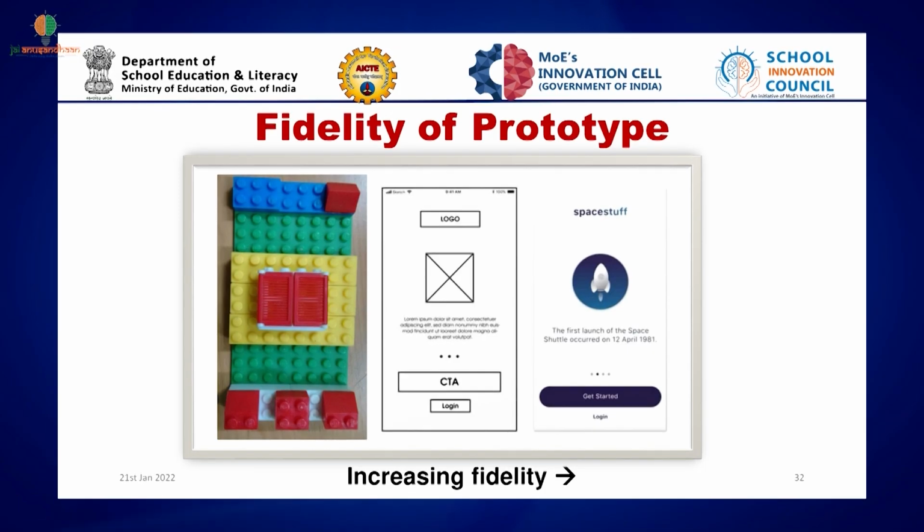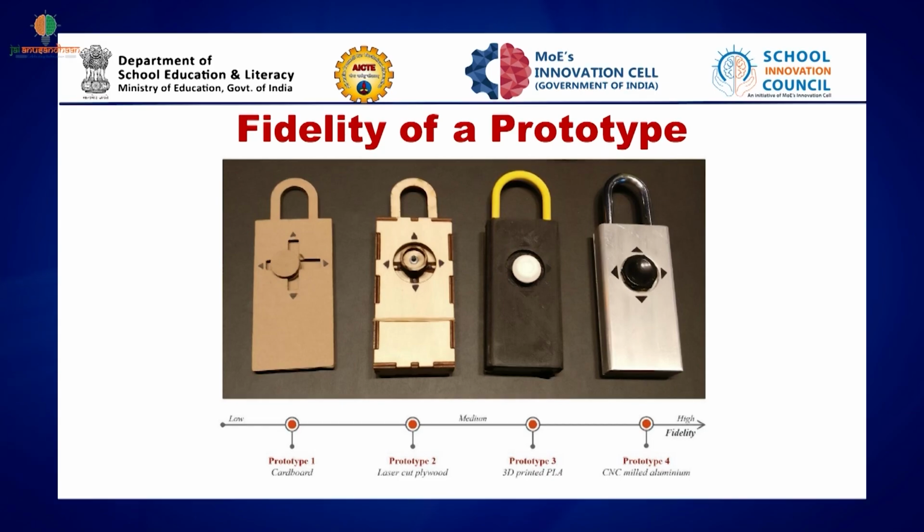And a higher fidelity prototype in a case of an application may be a look-alike wireframe, which can be made on digital softwares like Illustrator or Figma, etc. In case of a physical product, there can be several methods used. So, for example, if we take an example of this joystick locking mechanism based lock, the first level prototype can be made using cardboard.